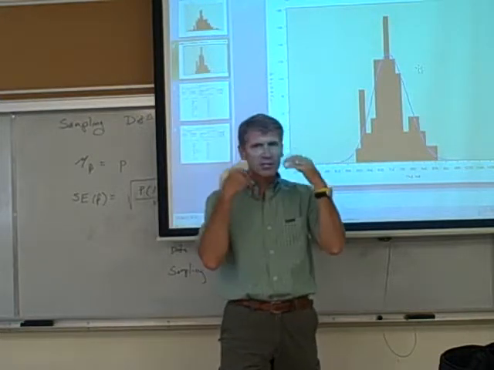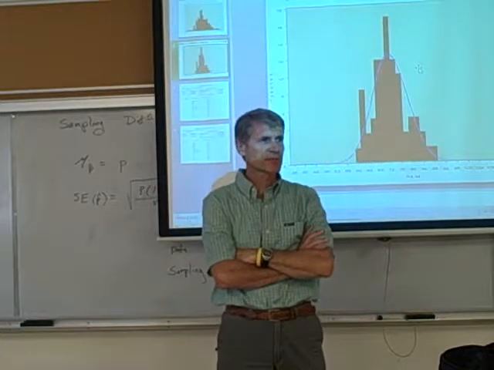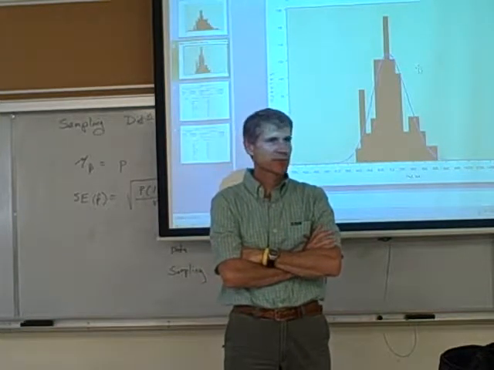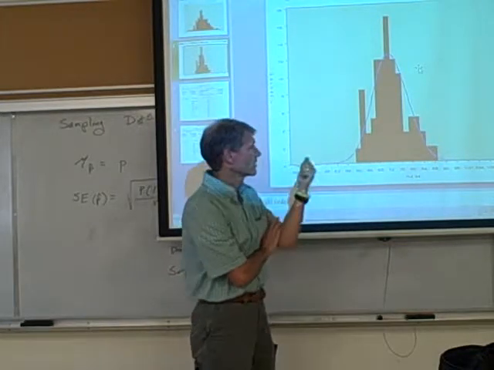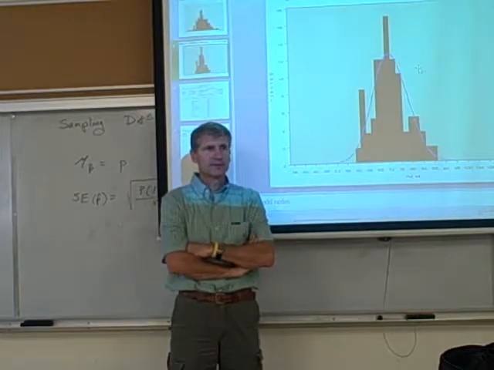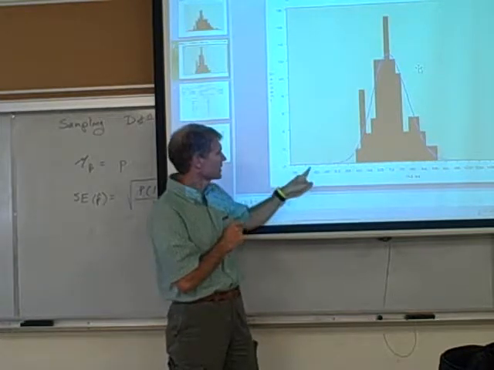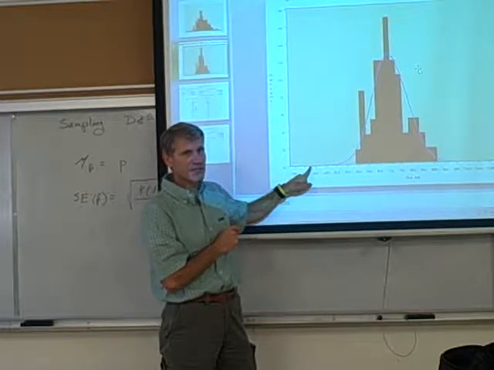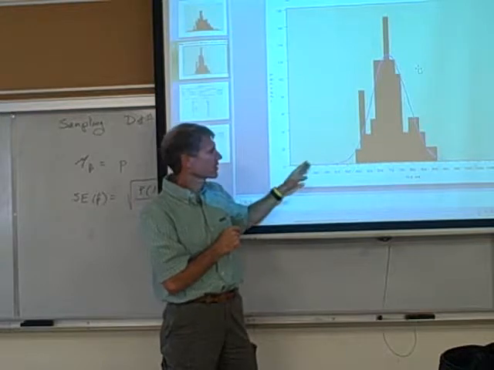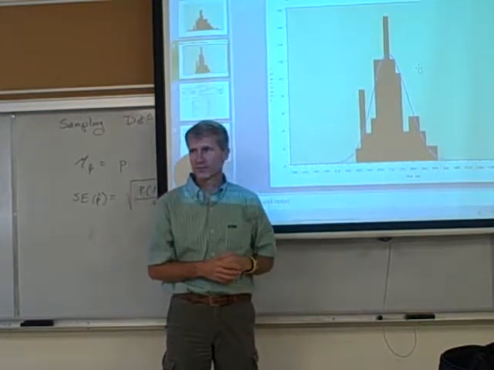Now, put your intuition caps on. Suppose I had asked you to take samples of size 10 instead of samples of size 5. What would that distribution look like compared to this one? It'd be even skinnier. Because then this person that had 42, which is right here, now gets averaged in with 9 people instead of 4 people, and they're going to get pulled in even closer to the overall average.